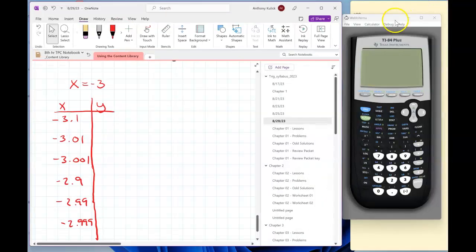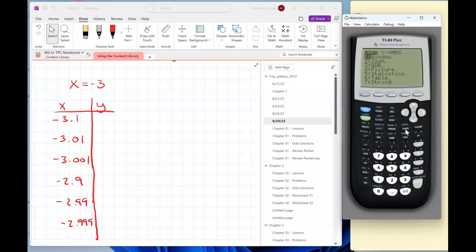Let's do this. All right, so how do I get that y1 on my calculator? You're going to start by pressing the vars button, which is right under the down arrow. Vars is just short for variables. The variable we're looking for is called y1. That's a y variable, so at the top where it says y vars, I'm going to move over to that tab.